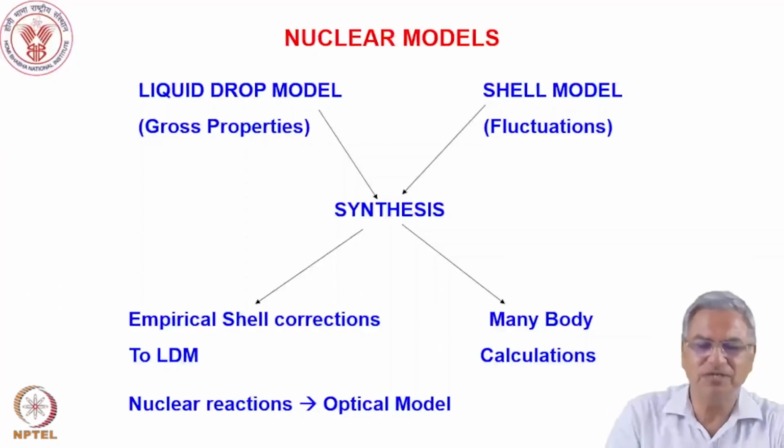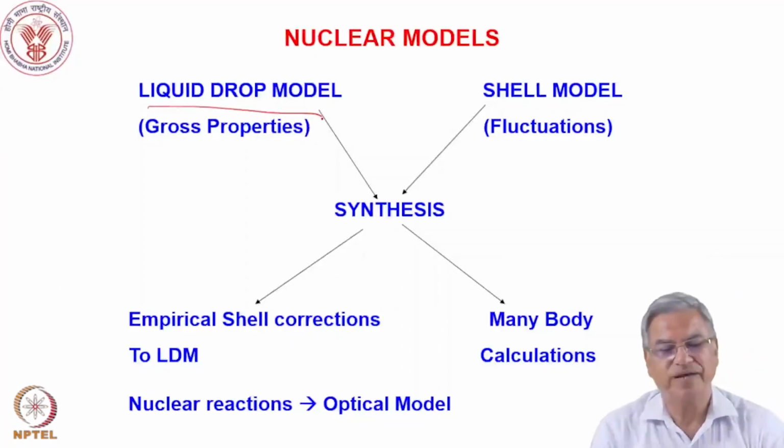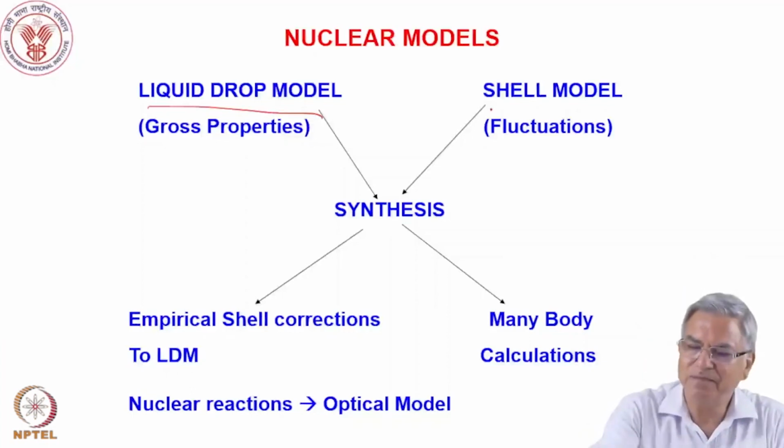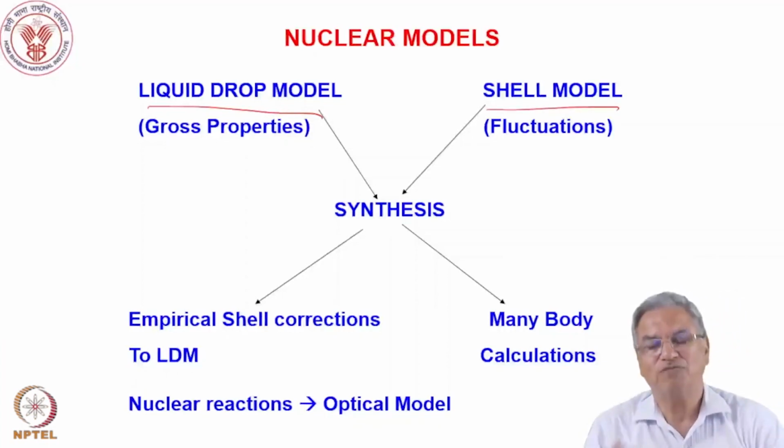The first one is the liquid drop model, which explains the gross properties of the nuclei. Then there is another model called the shell model, which explains the fluctuations in the gross properties of nuclei.